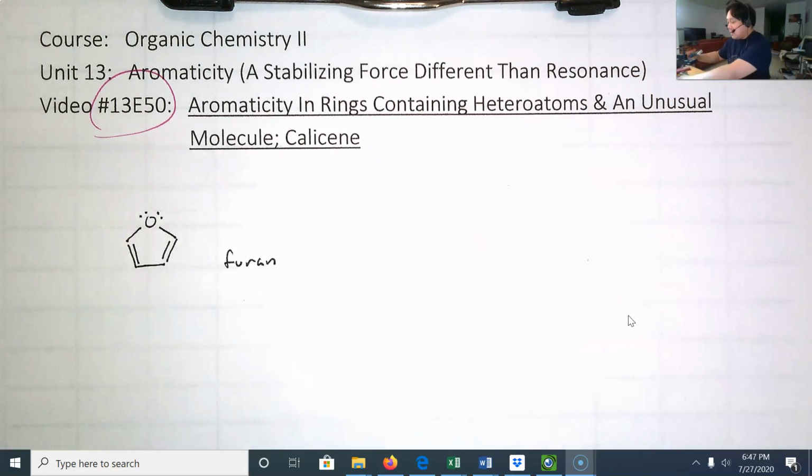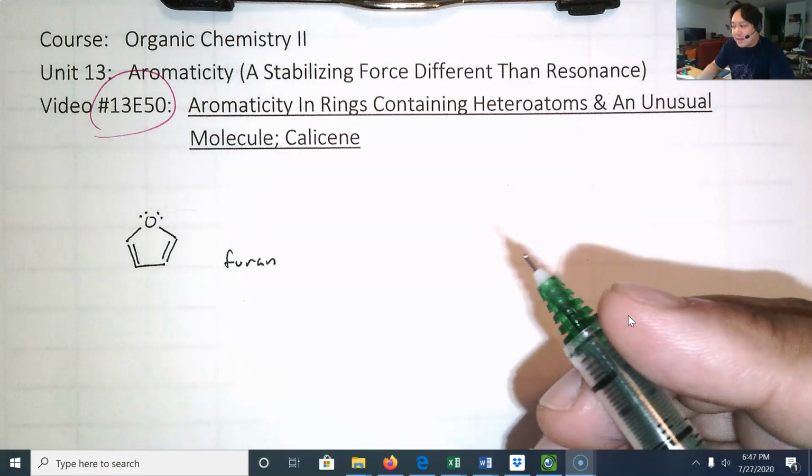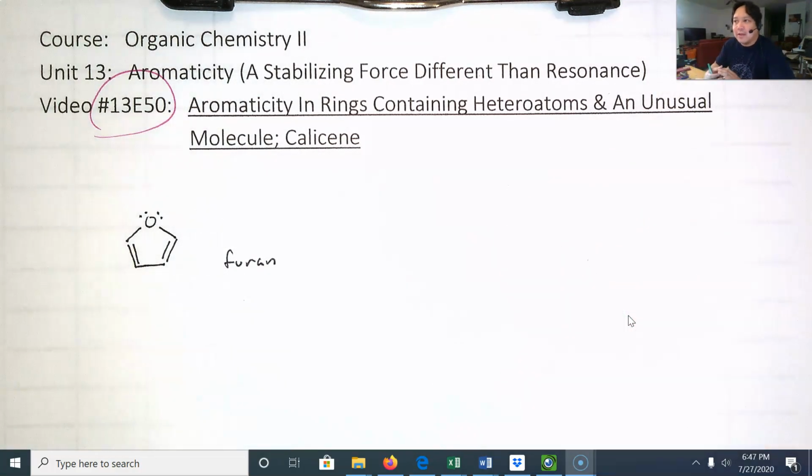Now, I know that students get a little bit worried when they have to decide, when do I choose for an atom to be sp2 or sp3?